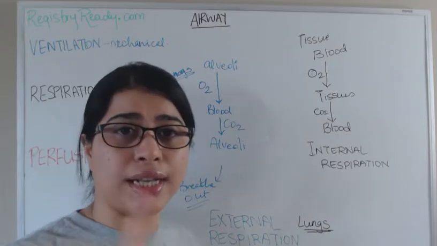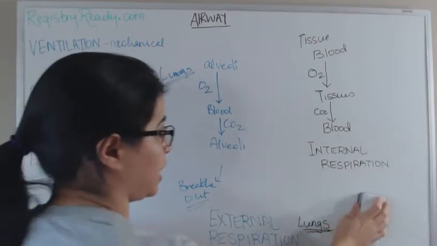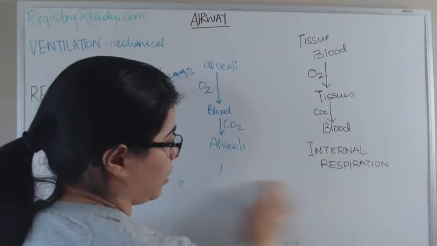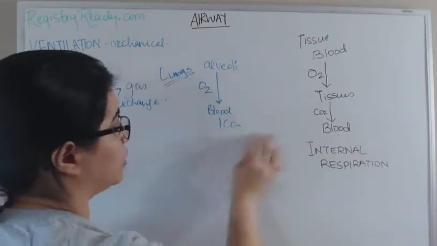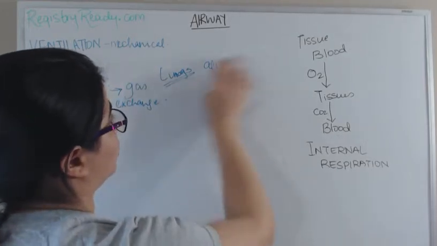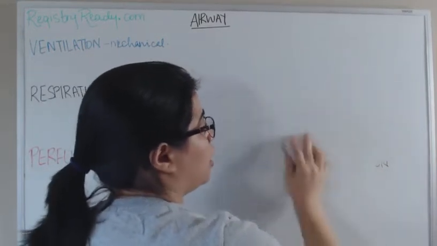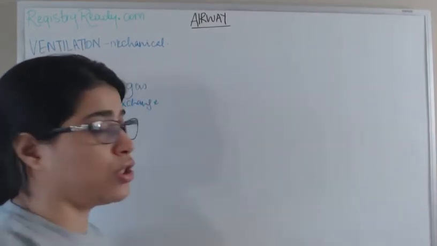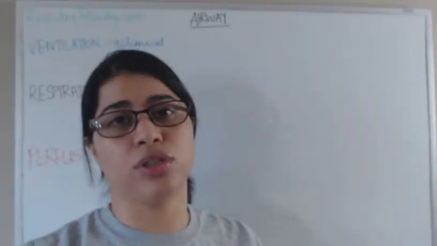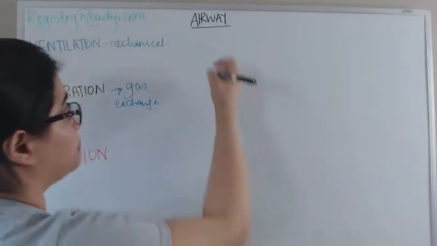Now, how exactly does this exchange take place? We mentioned diffusion in the previous video, but let us talk about diffusion once again. Anytime gas moves from a level of high concentration to a level of low concentration, it is known as diffusion.